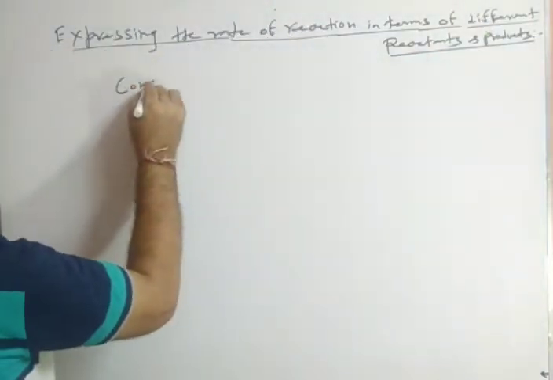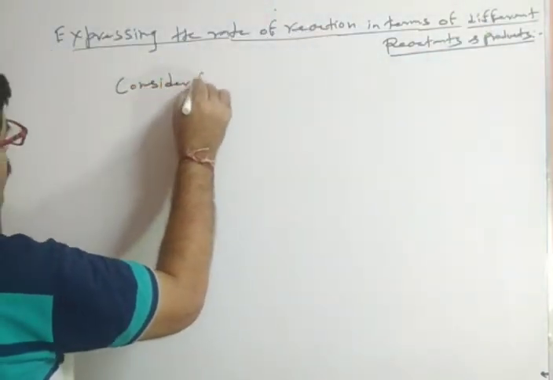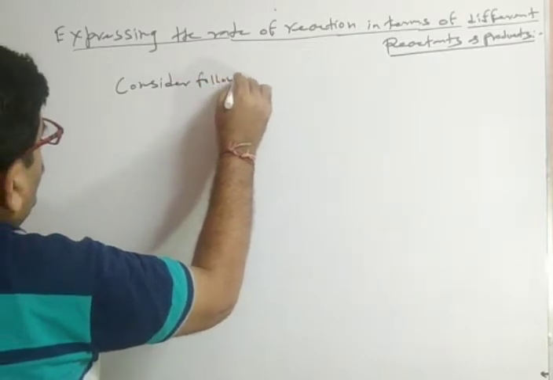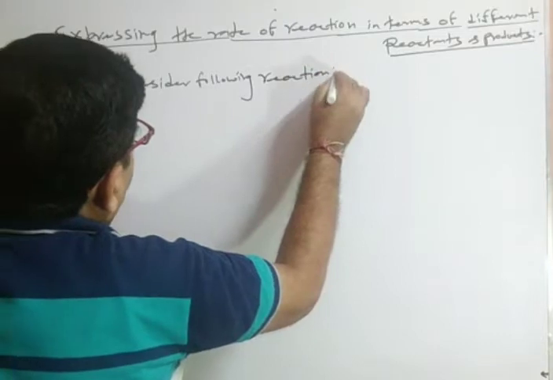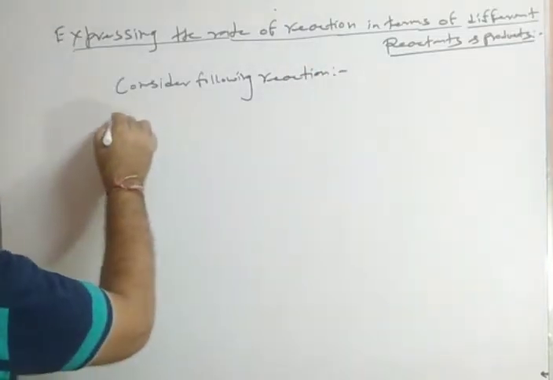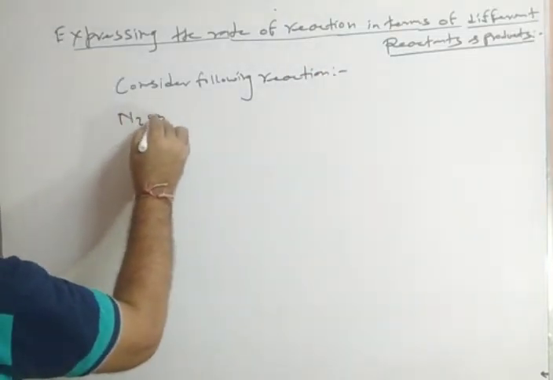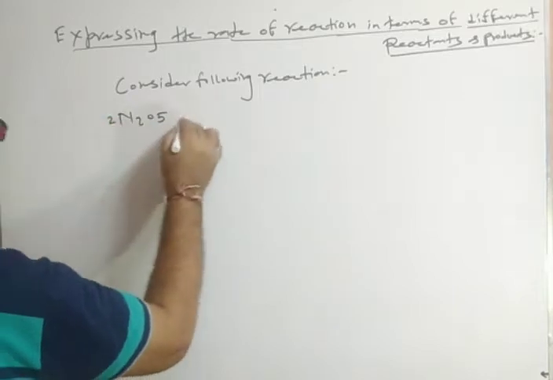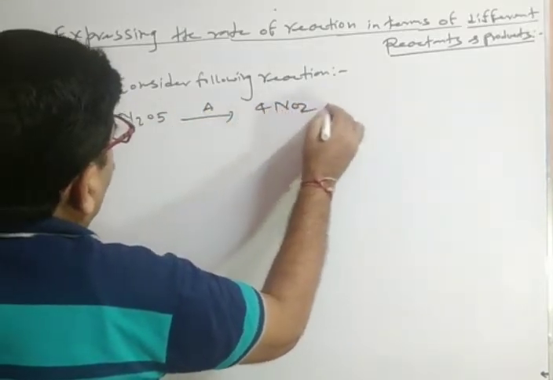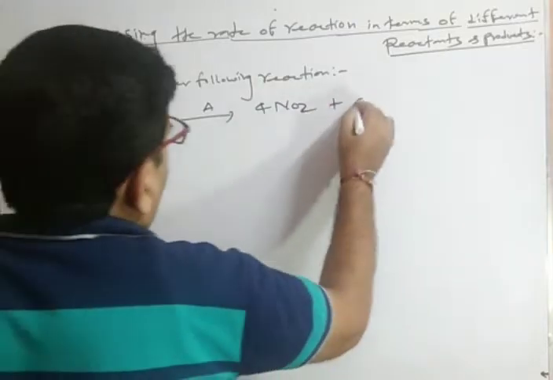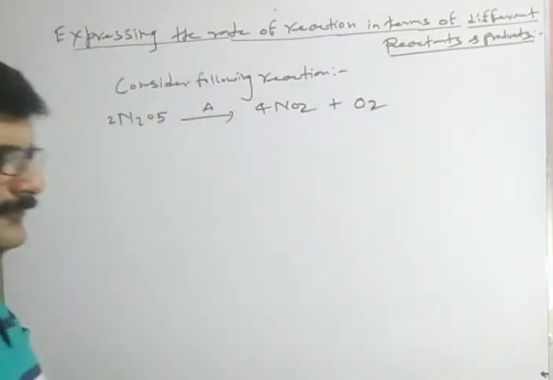Consider the following reaction, that is N2O5 after heating to produce NO2, nitrogen dioxide, and oxygen gas.